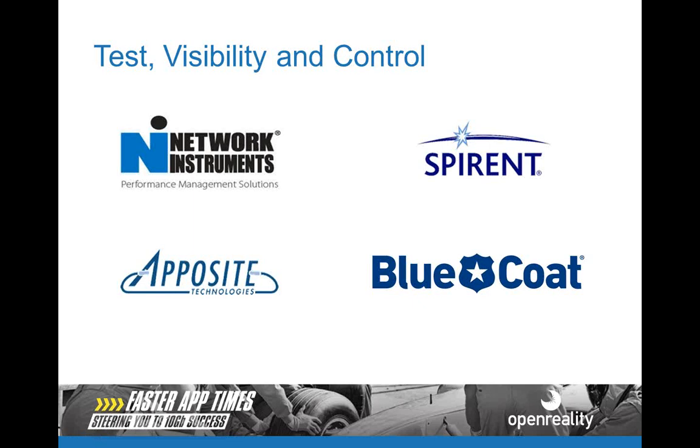So we'll be capturing traffic with the Network Instruments tools. We'll be generating traffic with the Spirent tools. Moving down to the bottom left, we have Apposite Technologies, and what they are providing for us is our WAN environment. So they're unique in this section.